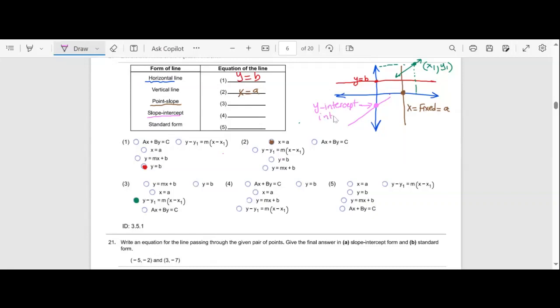And sometimes we just call it the intercept for the sake of abbreviation. In this case, this point is considered 0 and a value. So in this case, I can say y equal mx plus b. So the answer here will be this one.